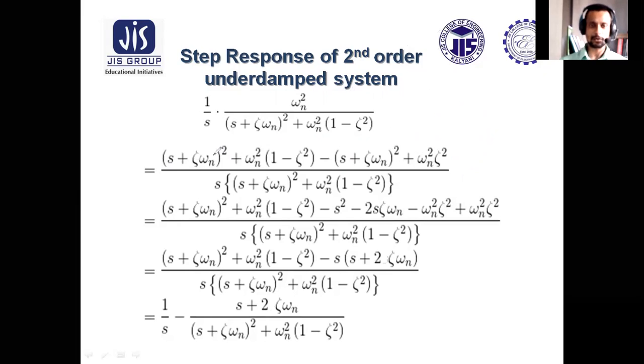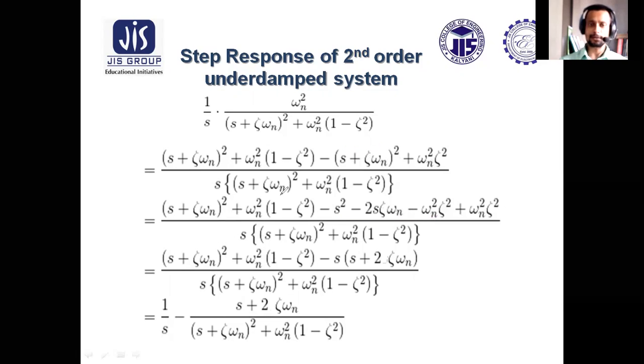As of now, see, s plus zeta omega n whole square plus omega n square 1 minus zeta square is there. Now it is broken into parts. So minus s square minus 2 s zeta omega n minus omega n square zeta square. So this whole square is broken here. Plus zeta square omega n square is kept here. Okay.